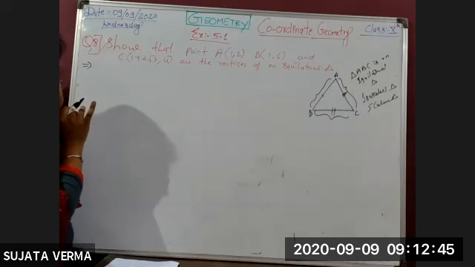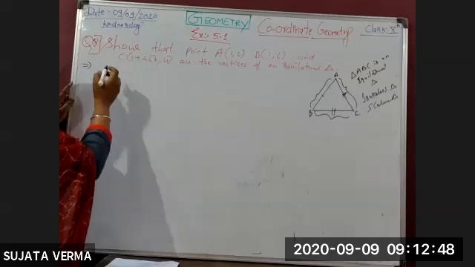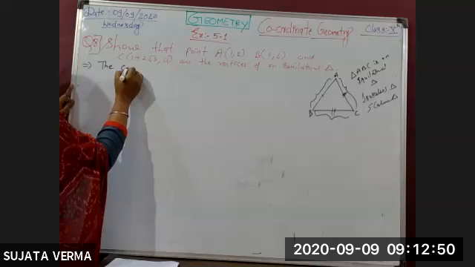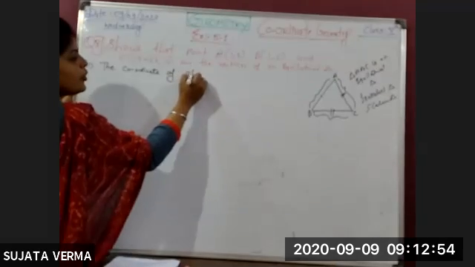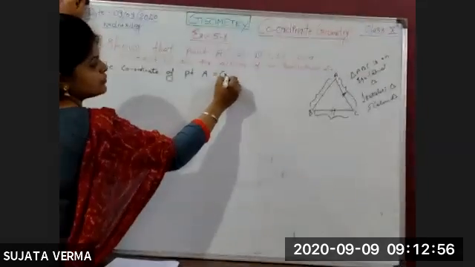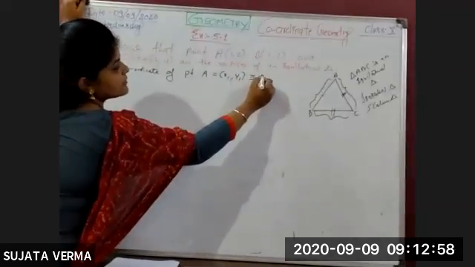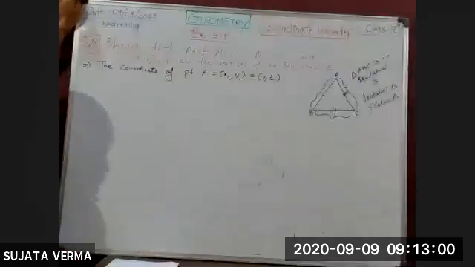the coordinates of the points A, B, C. Okay. The coordinates of point A, (x1, y1), is (1, 2).